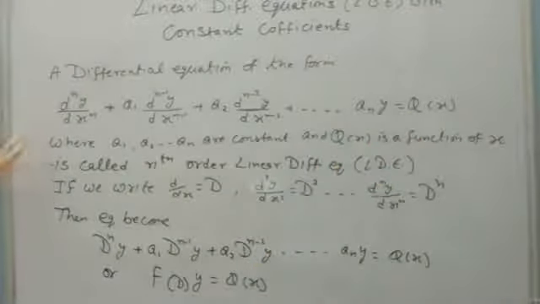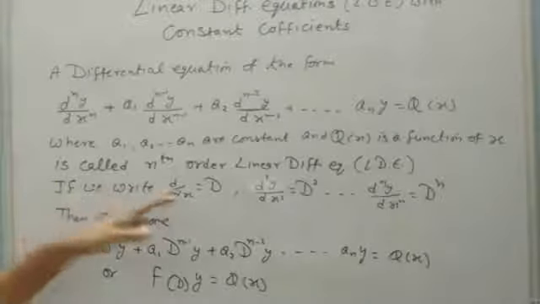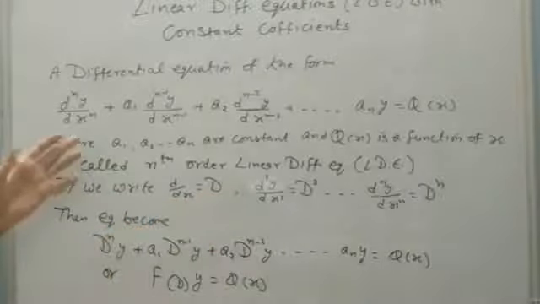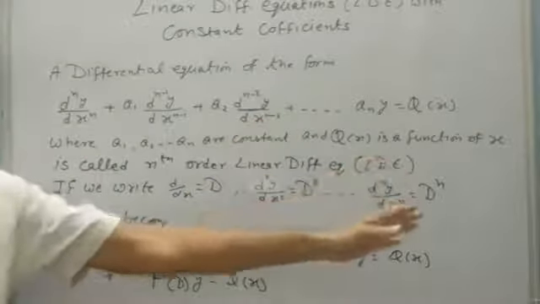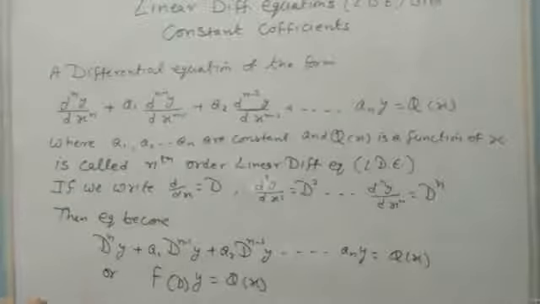If we write d/dx as D, the second derivative as D squared, and the nth derivative as D^n, then the equation becomes D^n y plus a1 D^(n-1) y and so on, plus an y is equal to Q(x). Or we can say it is a function of D having constant coefficients, equal to Q(x).